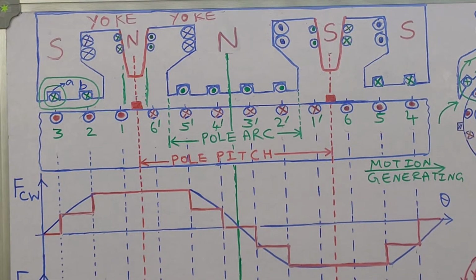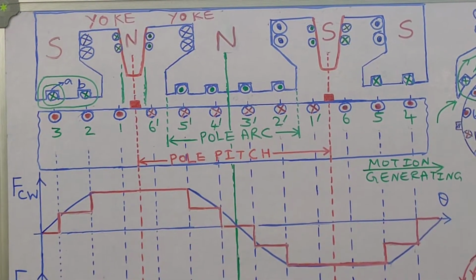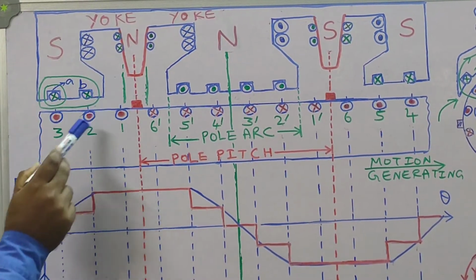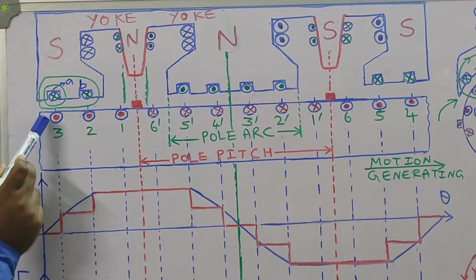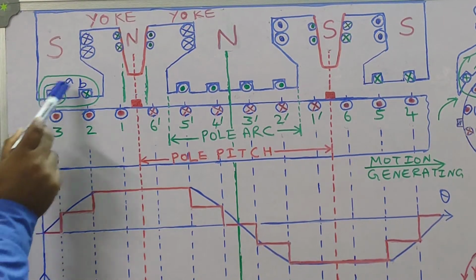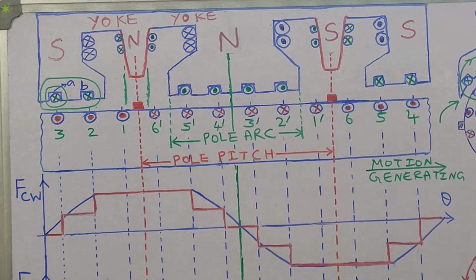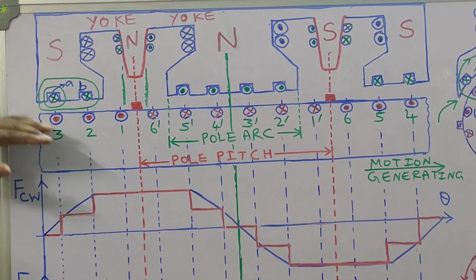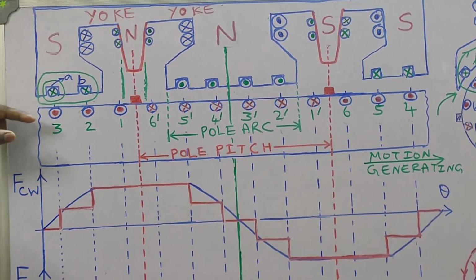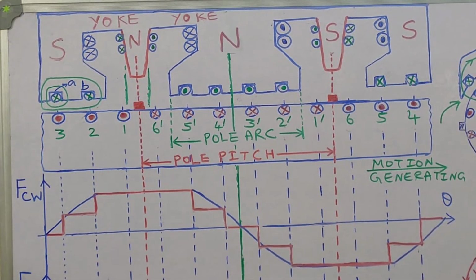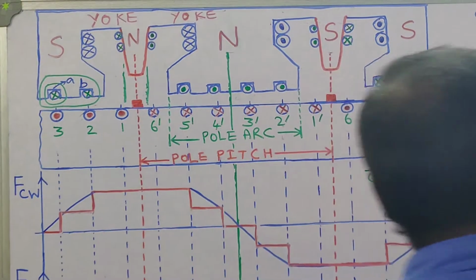We want the net MMF under the pole faces due to the armature current and the compensating winding current to cancel each other, that means become zero. In that event, the armature MMF under the pole faces has been neutralized by the compensating winding MMF. You can have a look at this diagram.